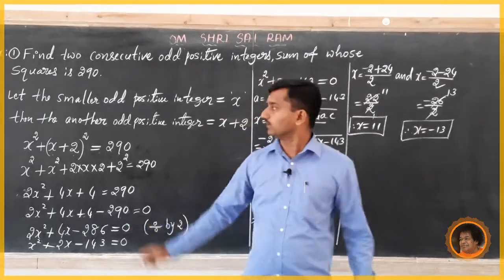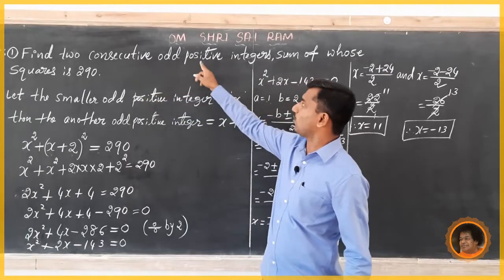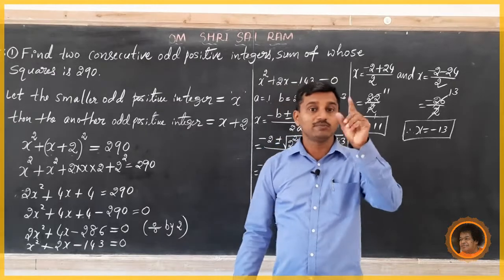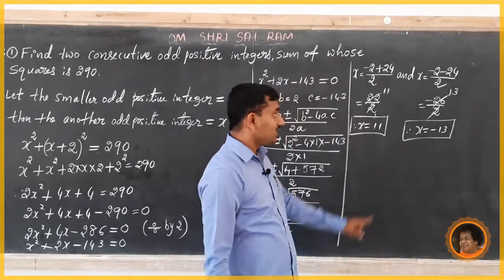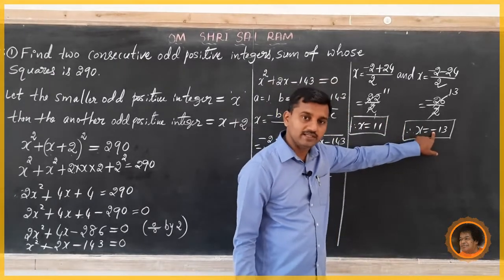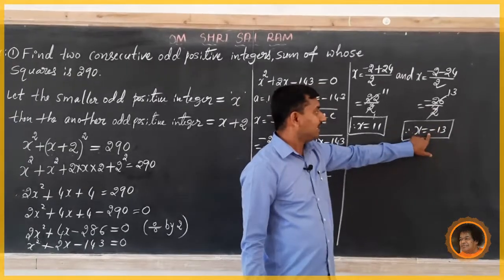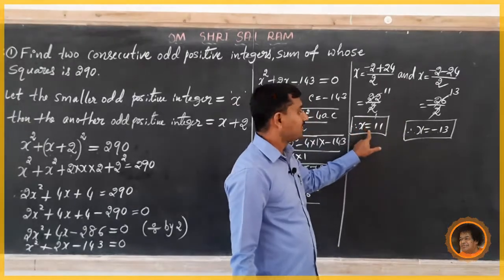What is the question given? Find the two consecutive odd positive integers, the sum of whose squares is 290. Is it possible that the x value is minus 13? So this is a negative odd integer. So the x value is always positive.